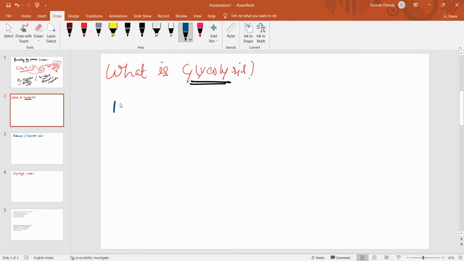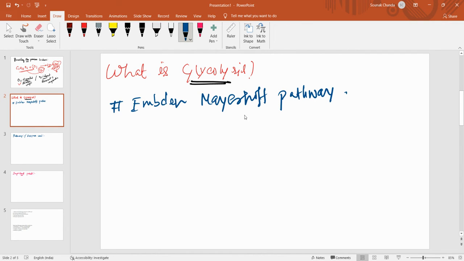It is also known as the Embden Meyerhof pathway. Number two, it is a catabolic process.